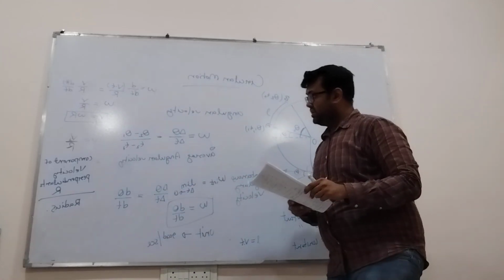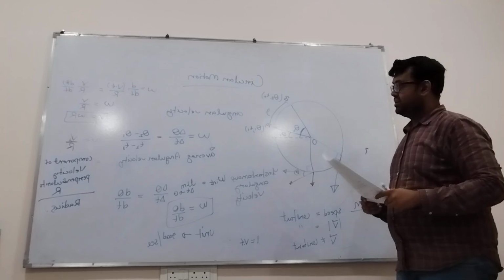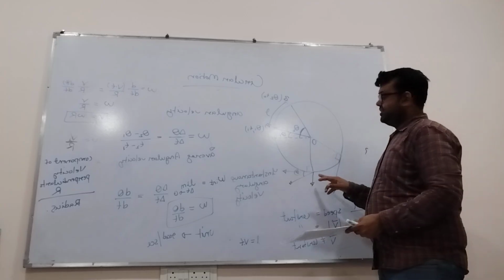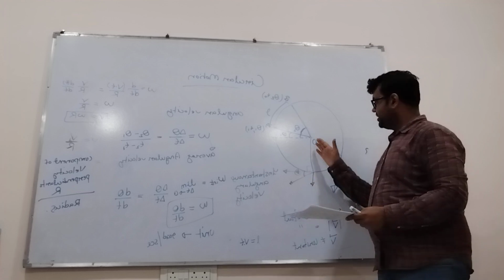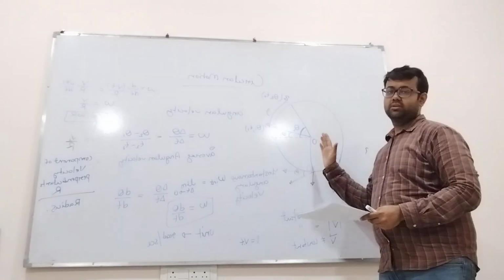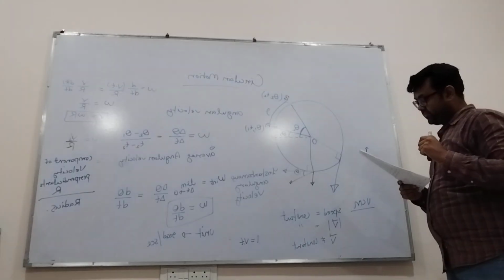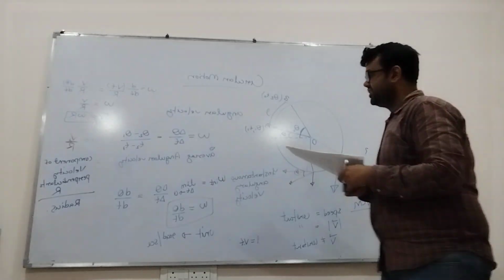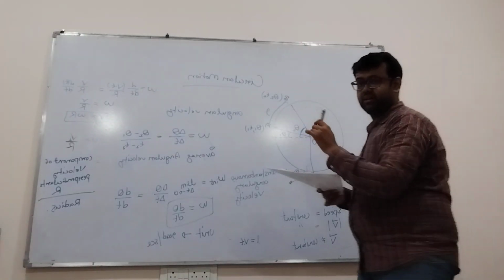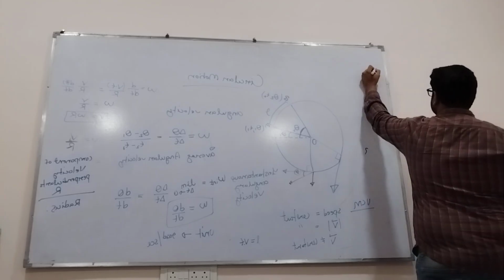So when we calculate the omega, when the velocity is given, we have to check that the velocity given is perpendicular to that radius R or not. So let me show you with an example.